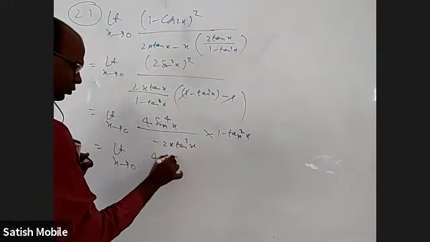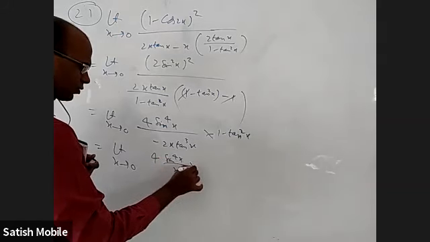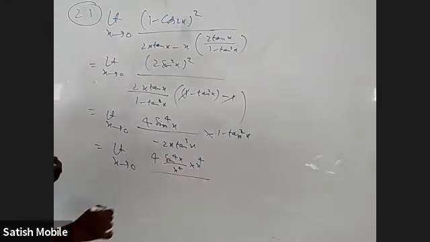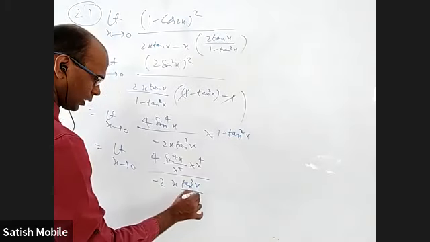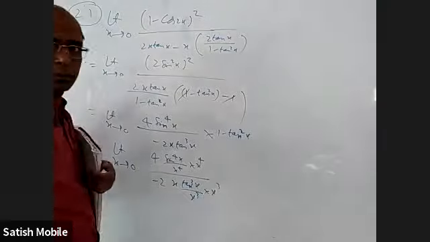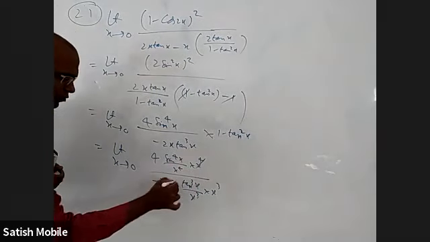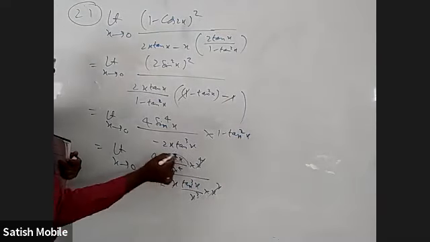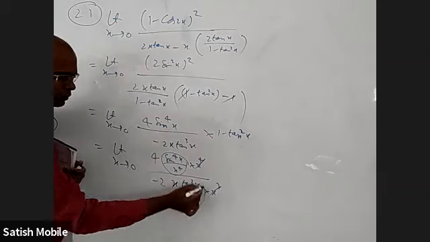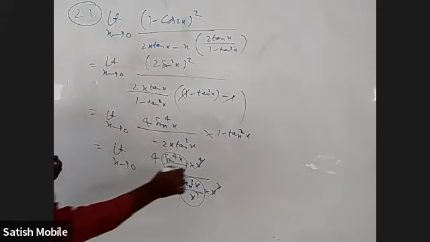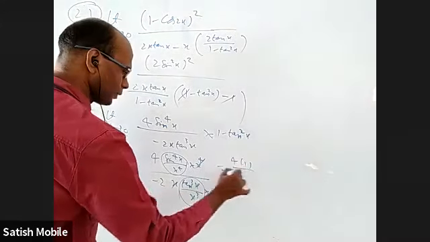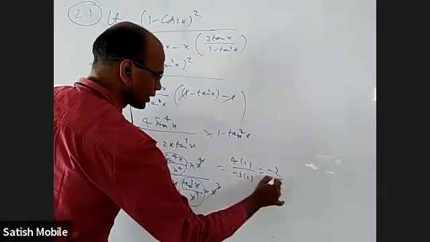Four sine power 4x, I can write by x power 4 into x power 4, minus 2 into tan cube x, I'll write by x cube into x cube. This x power 4, this x will cancel. Sine power 4x by x power 4, limit is 1. Tan cube x by x cube, limit is 1. What are the required formula? Multiply and divide. That's it. 4 into 1 minus 2 into 1, it is minus 2.